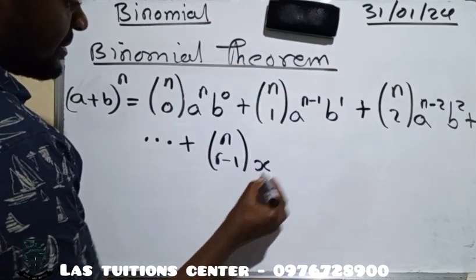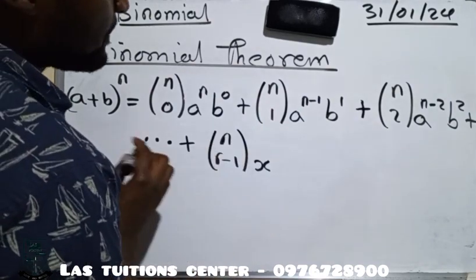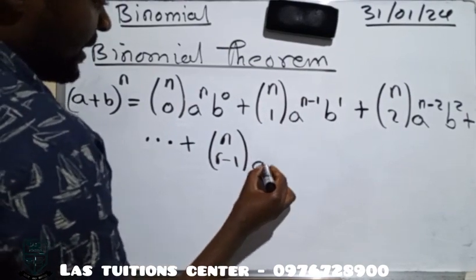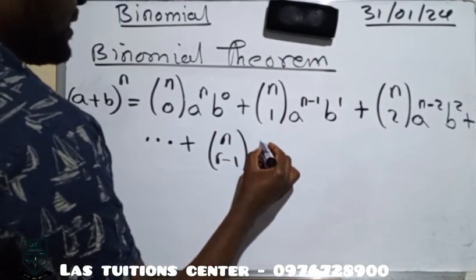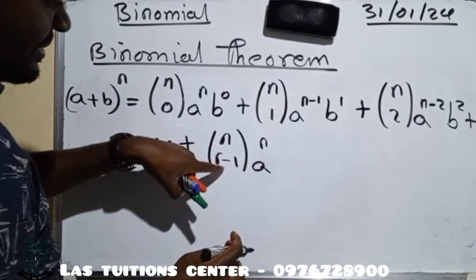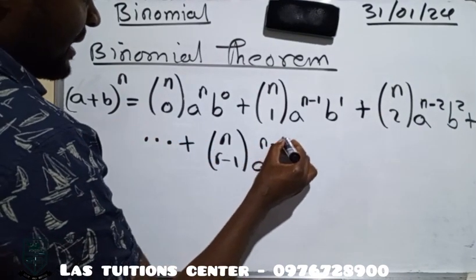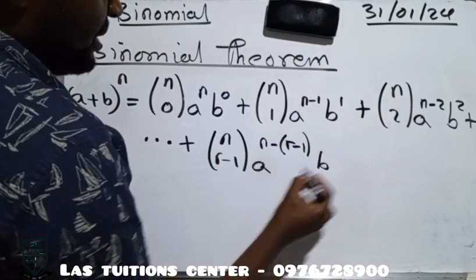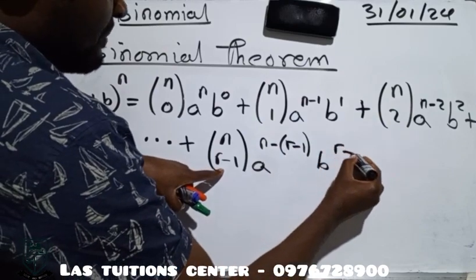x to the power, let me say we have, let's use the same a, so we have a to the power, since a takes this minus this, n minus r minus 1, then b will carry just r minus 1 as the power.